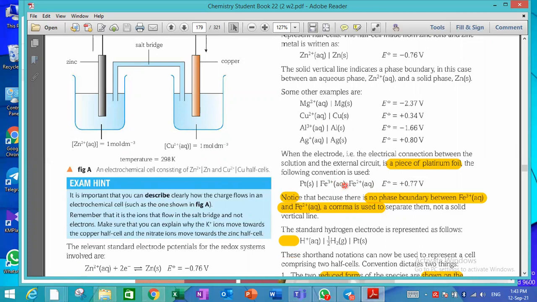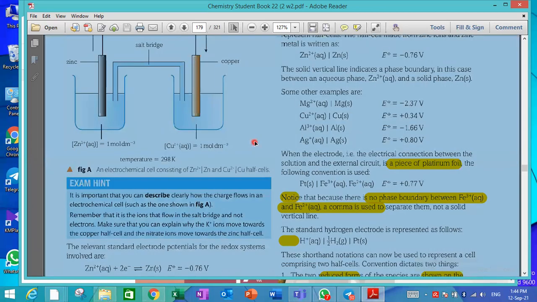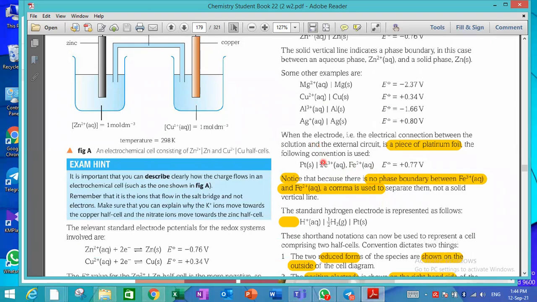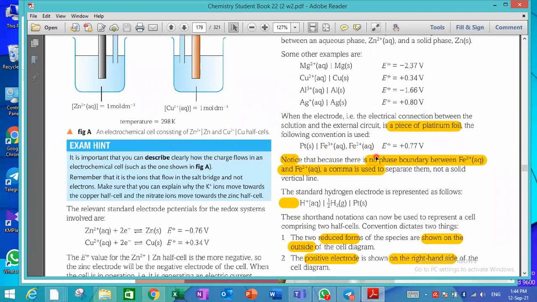If you remember, when we used two aqueous solutions, in order to connect them with the standard hydrogen electrode, we used platinum wire. It will be our solid connection with the standard hydrogen electrode. That's why we are writing this half cell diagram.